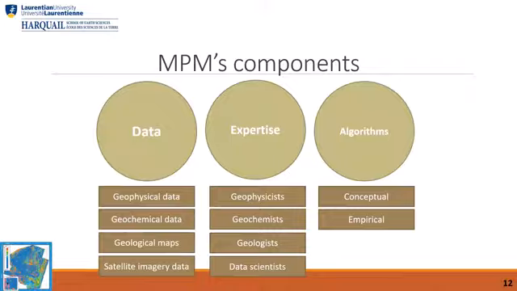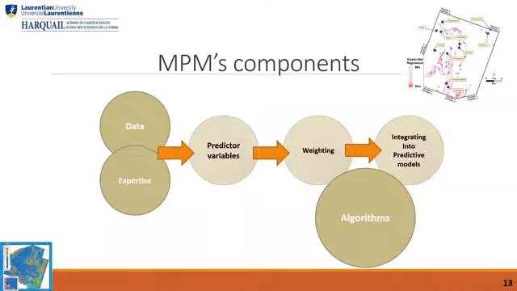And we have two major types of algorithms: conceptual and empirical frameworks, which are our mathematical frameworks for recognizing our patterns, which are our exploration targets. Each type of algorithm comes with its different application.